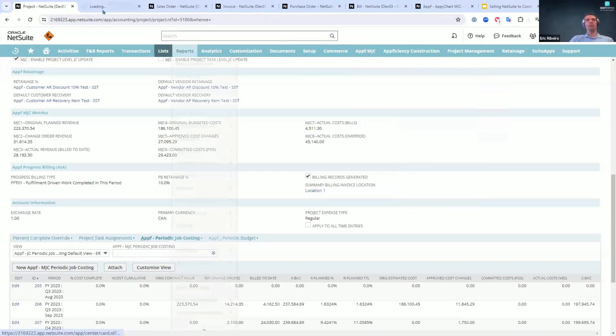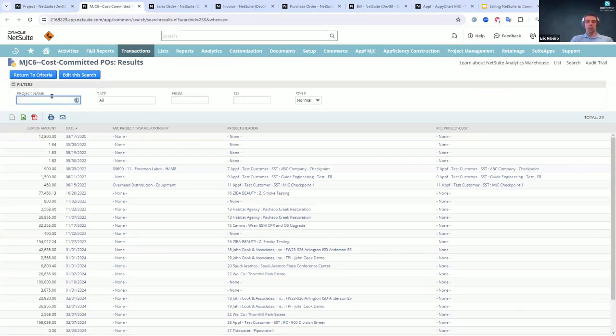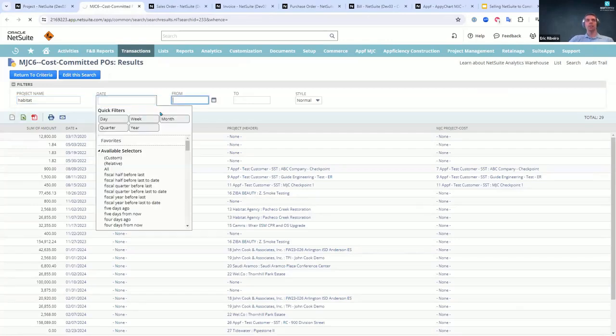And so part of these checks and balances is enabling these users to run these saved searches to ultimately check, hey, did I actually post that purchase order to the correct project, right? And we can see here that check and balance, and we can see all the different purchase orders that ultimately are being tagged and committed to my specific project.